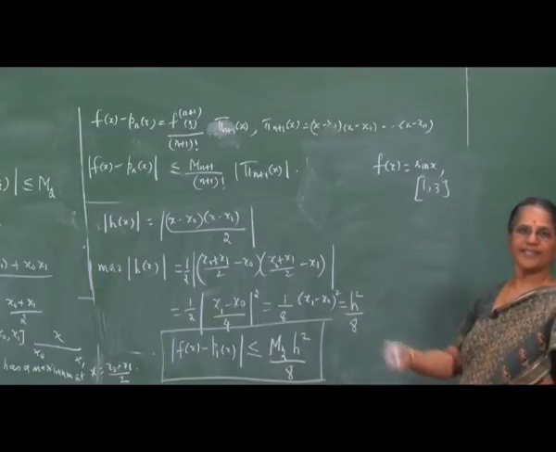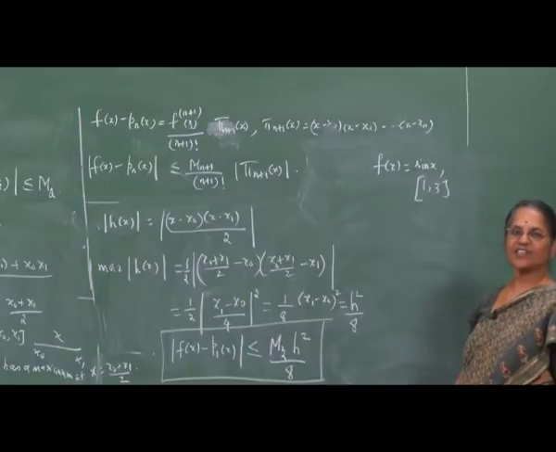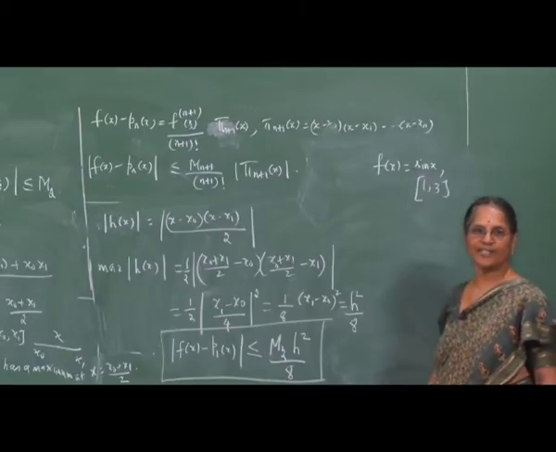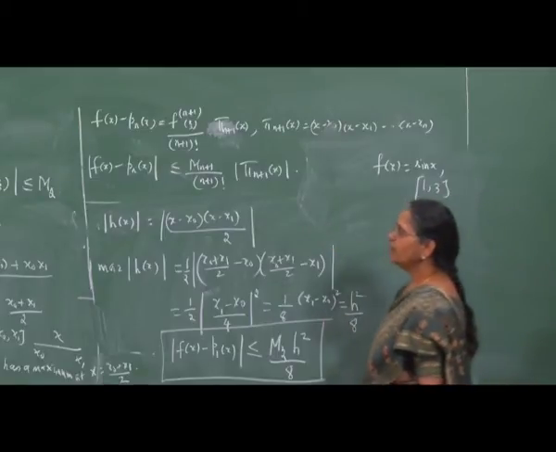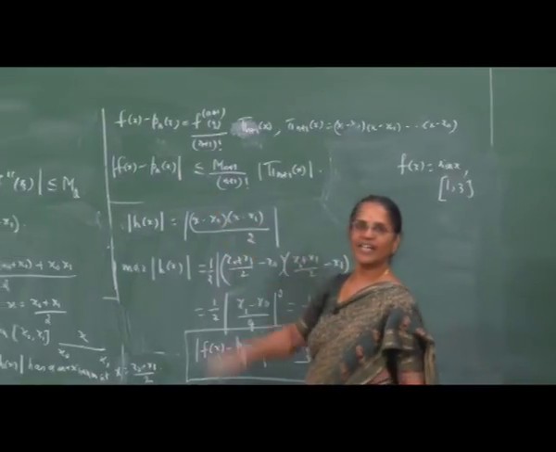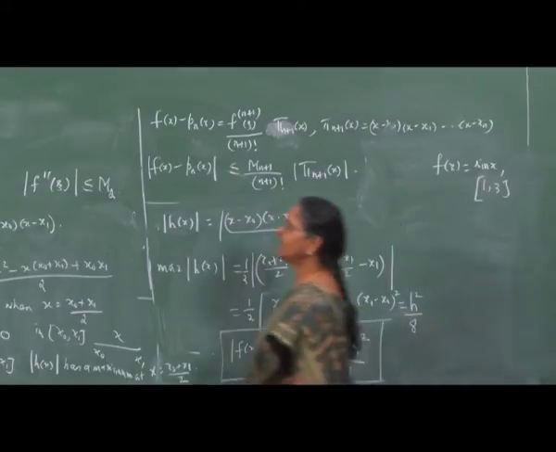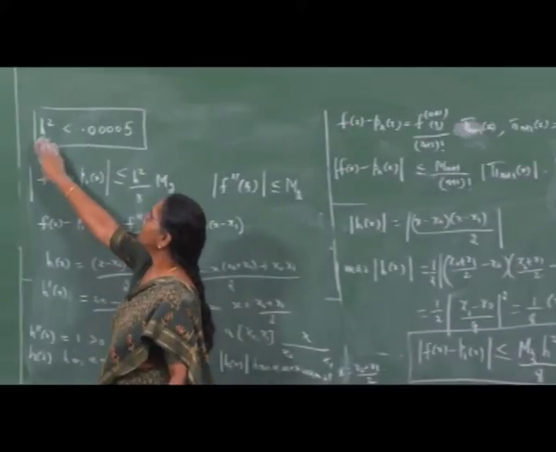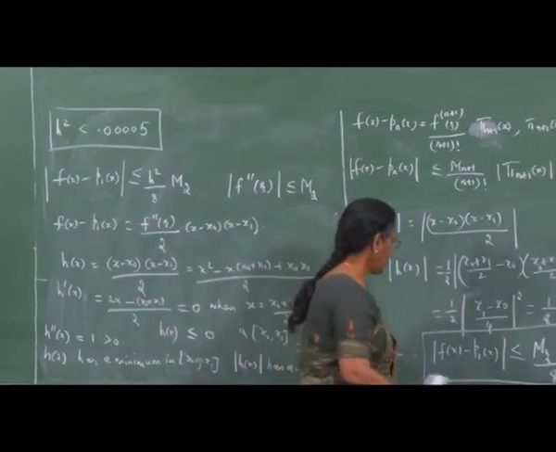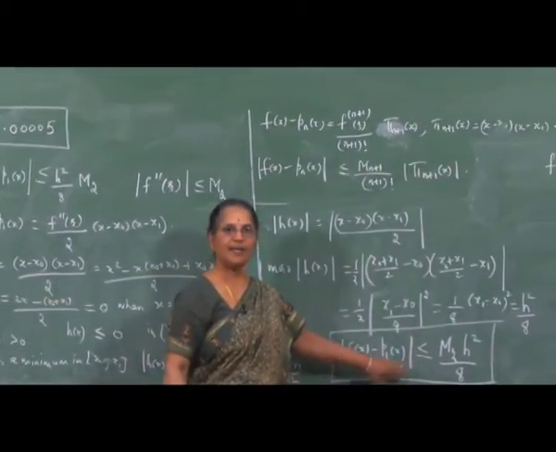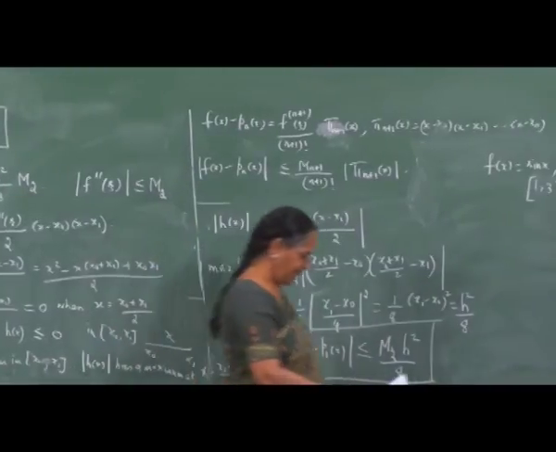So, what should be the step size h such that the result is correct to 4 decimal places? That was the problem which we had solved earlier, but we used a different error bound and obtained that h square is less than this. We shall now make use of this error bound and work out the same problem.